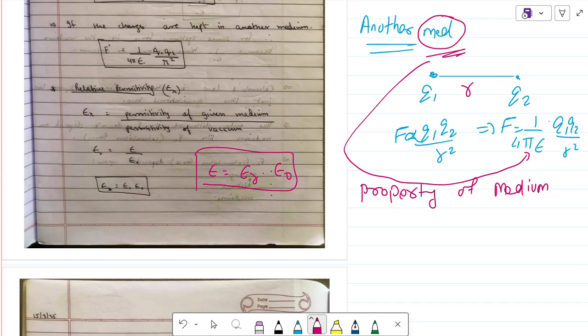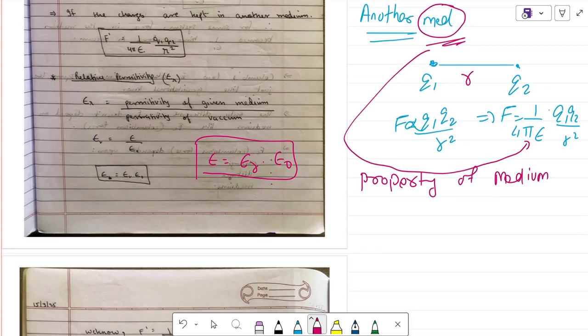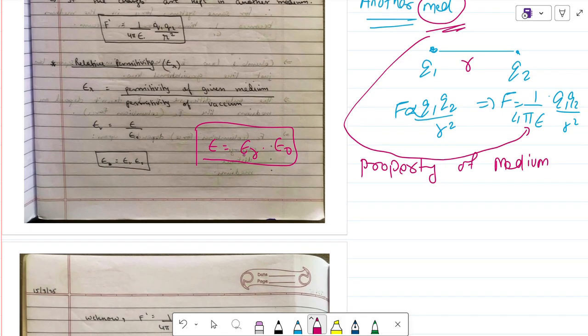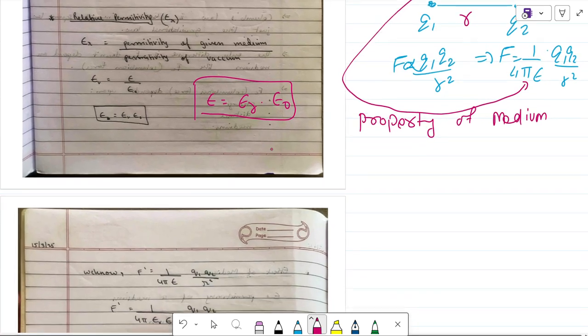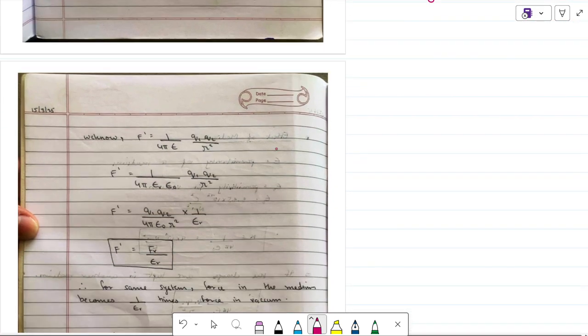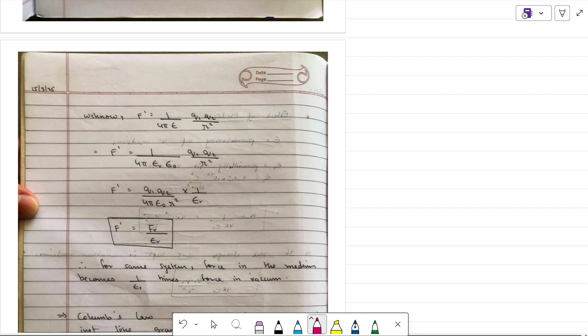We can easily practically measure epsilon r. So therefore we use epsilon r mostly in place of epsilon. जहाँ जहाँ epsilon हमें चाहिए वहाँ हम उसको replace कर देते हैं epsilon r into epsilon naught से, because epsilon naught is a constant thing and epsilon r can be measured pretty efficiently. So this is the derivation.